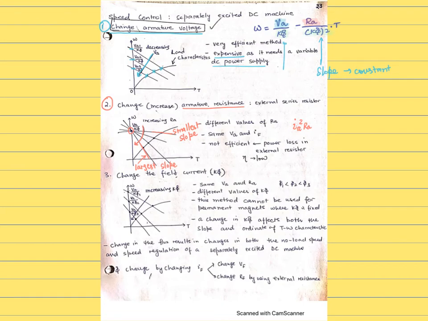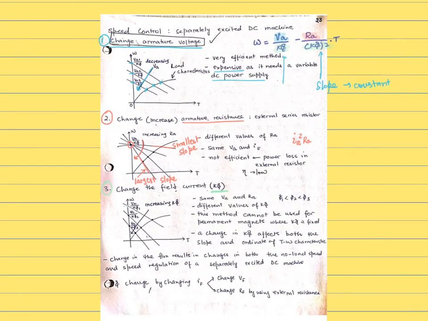The very first thing we observe with respect to K phi is that it is a part of both the y-intercept and the slope. So if we are changing K phi, it changes the intercepting points, and it changes the slope as well. The slope of this line and the slope of this line are different, so it impacts both parts of the graph.